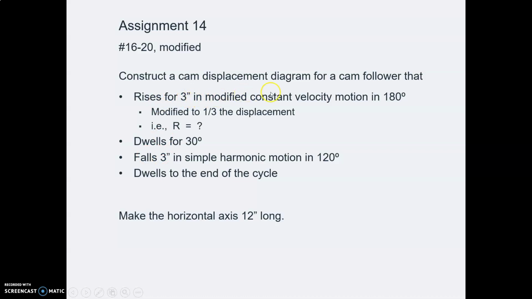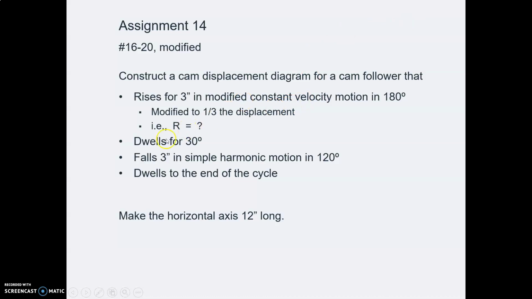It'll rise in modified constant velocity motion over a stretch of 180 degrees. And we'll modify it to 1/3 the displacement. What does that mean? The total displacement is 3 inches high. 1/3 of 3 inches is 1 inch, so we're going to draw a circle with a radius of 1 inch. I'm going to show you that in the next slide.